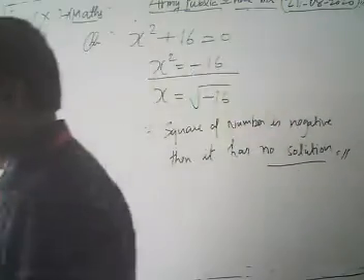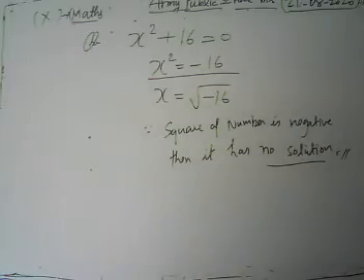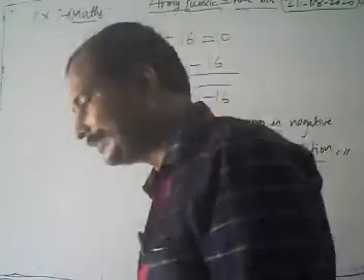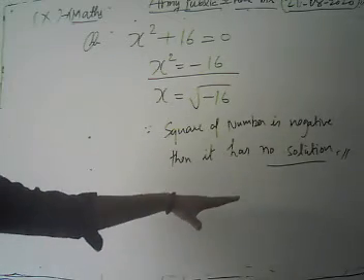For your level it has no solution, because at the level of class 10 we have just read about real numbers. Our first chapter is real numbers, and in real numbers it has no solution, but in complex numbers it has a solution.